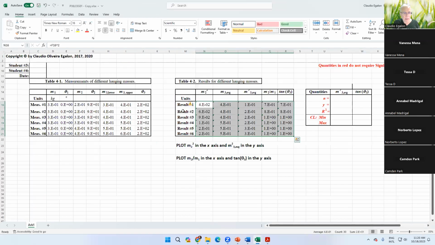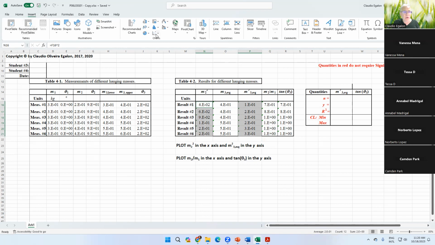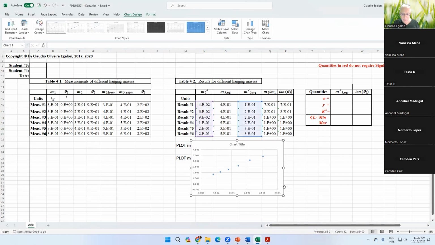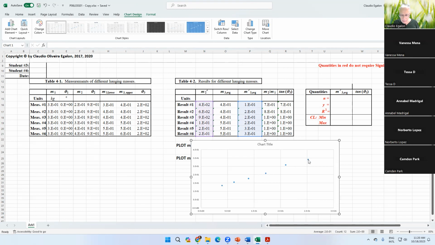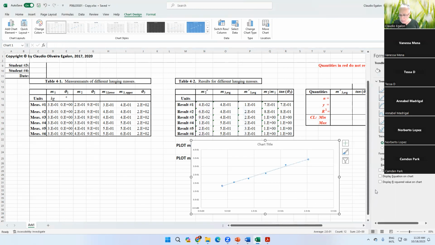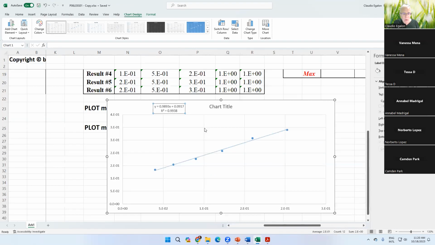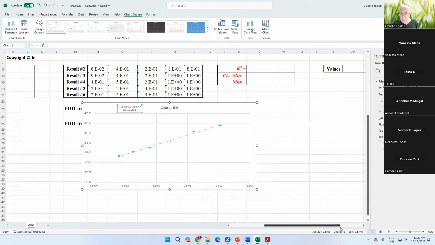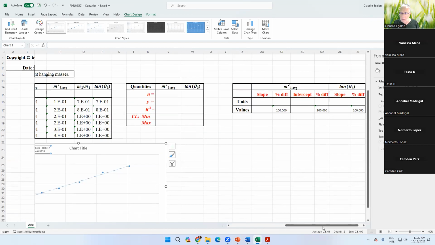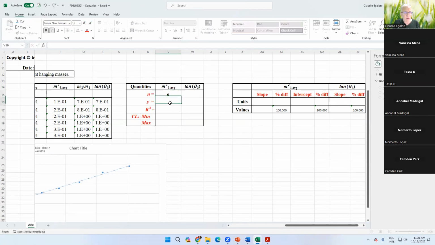Okay, let's see. You plot the first graph, M3 square, M2 square, insert chart, here you go. That's what I'm getting, and then you have to have the regression equation here. R square, okay. Did you get that? 0.9893. I got the same. Same, right? Okay, so for the CL, right here, 6 data points.